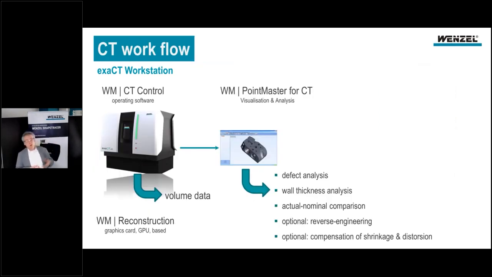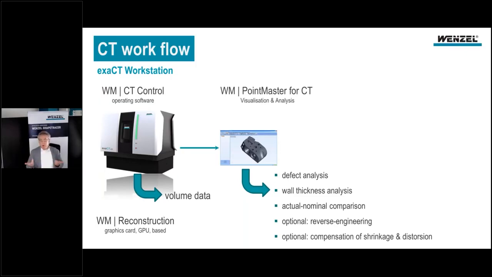Talking about evaluation, we have to talk about software. So let's have a look at the CT workflow. We talked about CT scanning. What comes out is the volume data. In the CT workflow, the volume data is automatically transferred in the memory of the computer to the Point Master for CT, our evaluation software.